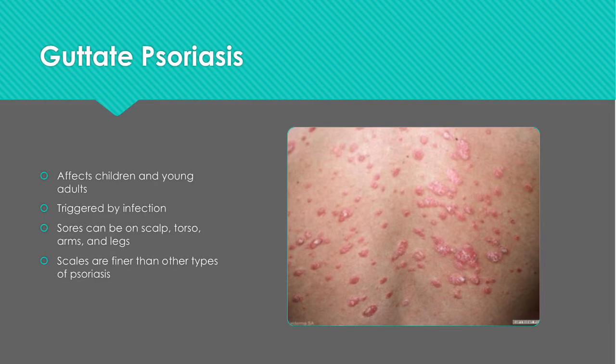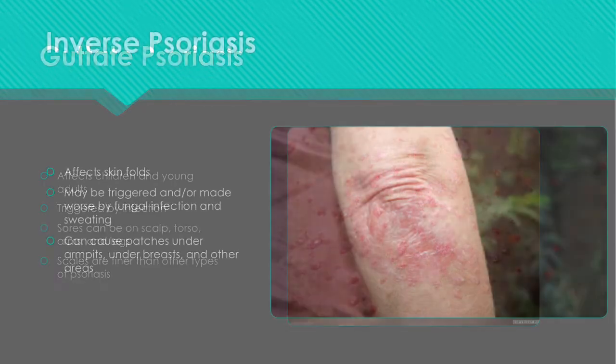This tends to affect children and young adults. It can be triggered by an infection. The sores tend to be located on the scalp, torso, arms, legs, and back. The scales in this case are finer than other types of psoriasis, so they're smaller.